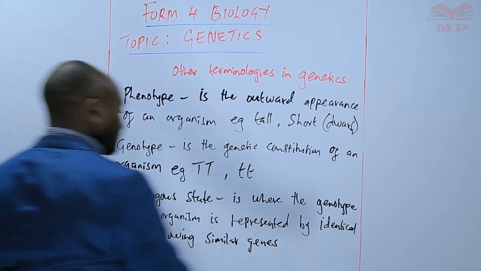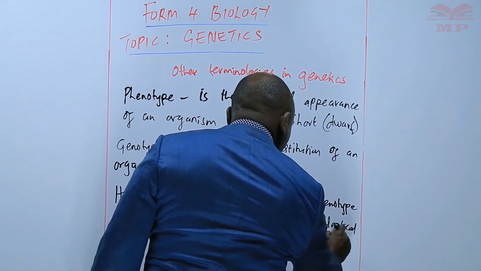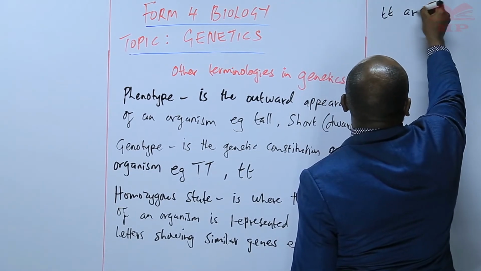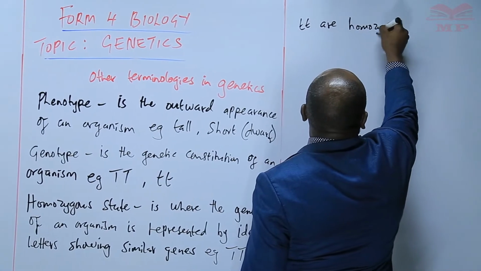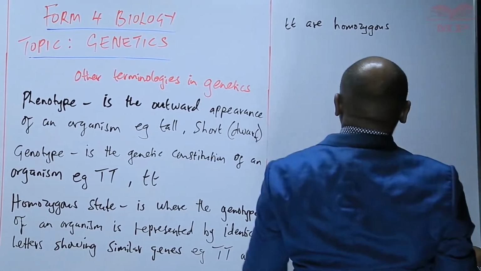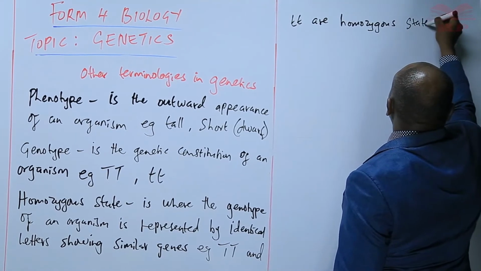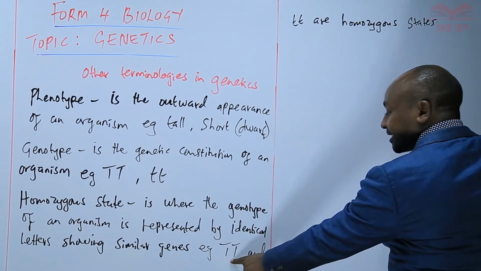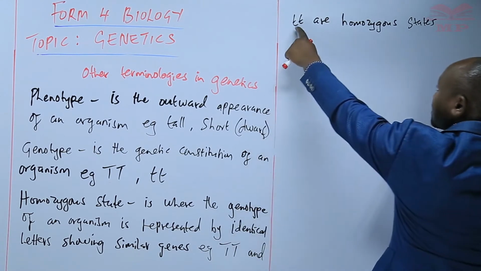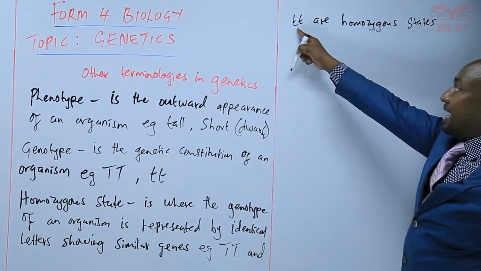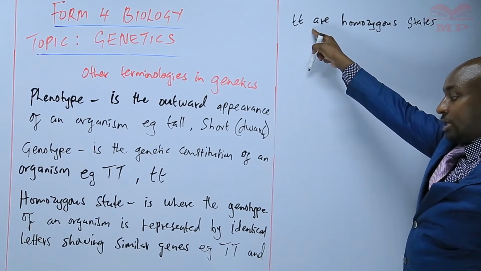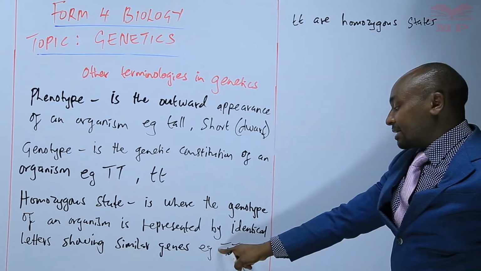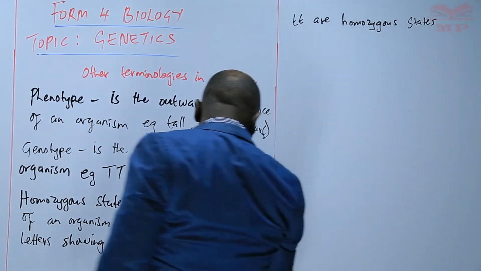For example, capital TT and small tt are homozygous states because they have identical letters, capital or small. So the two letters are identical. That means the two genes are similar, capital T, capital T.